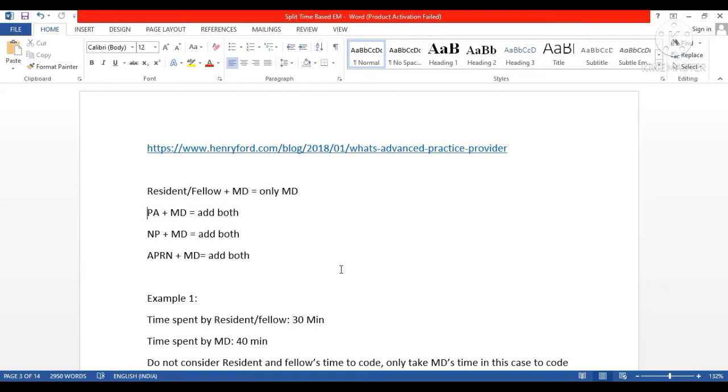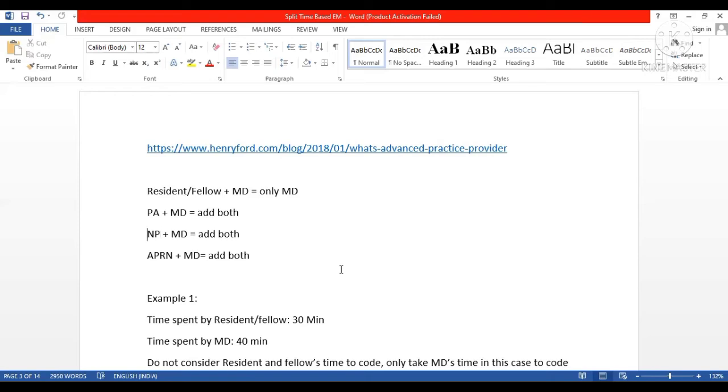If you have a scenario where a PA is working as an APP and the MD is working there, the PA is working under the MD, right? So the PA has given their time and the MD has also given their time. We will add both times and calculate accordingly.